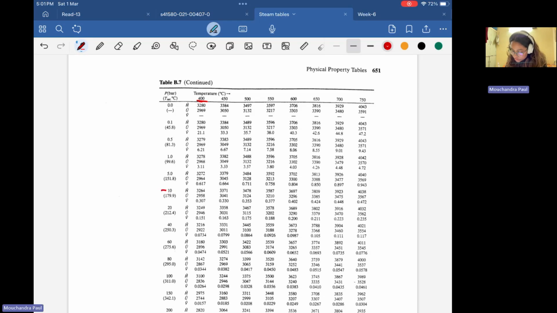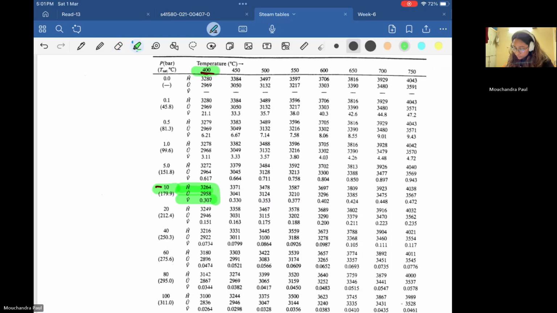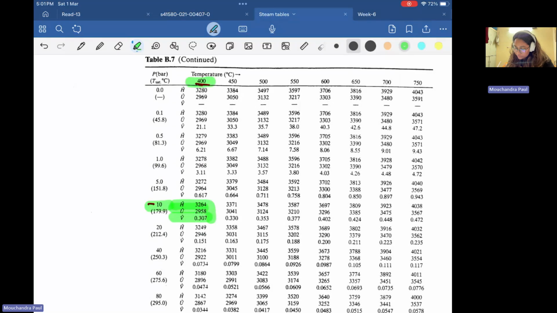So the intersection of this column and this row is basically this particular row, where 10 bar is the pressure and 400 degrees Celsius is the temperature. These are the values that we're interested in.